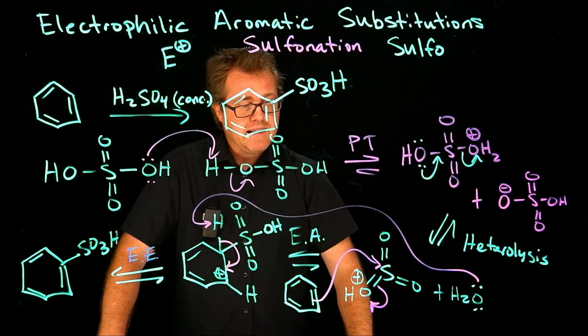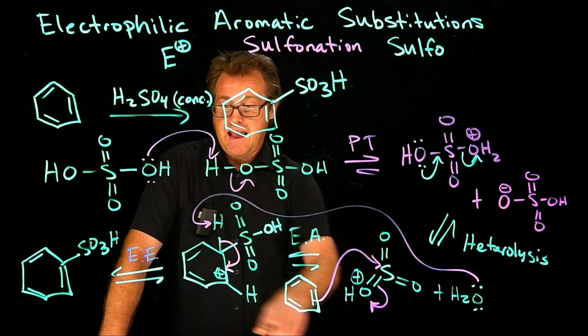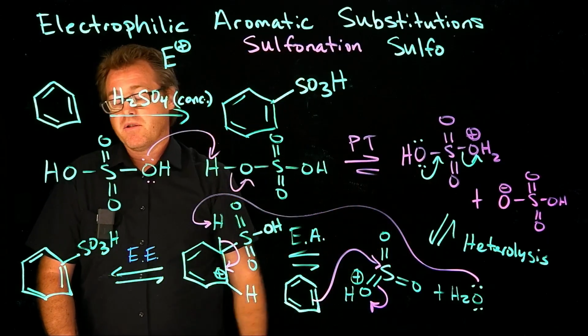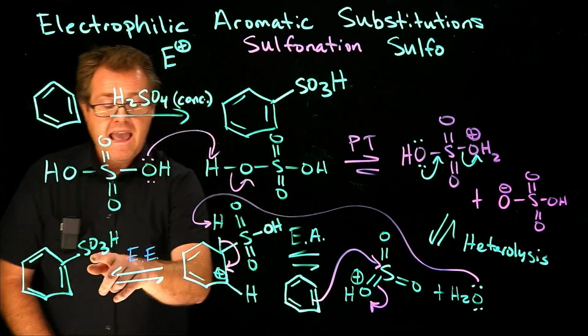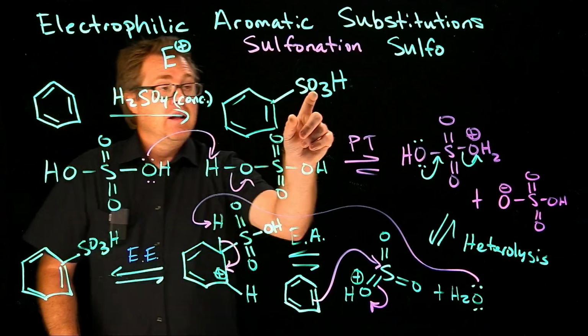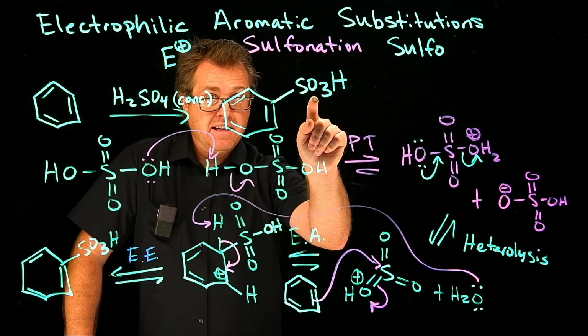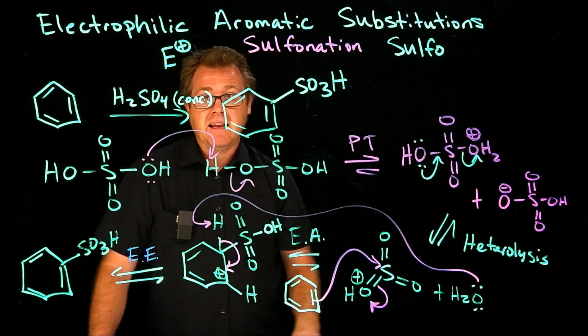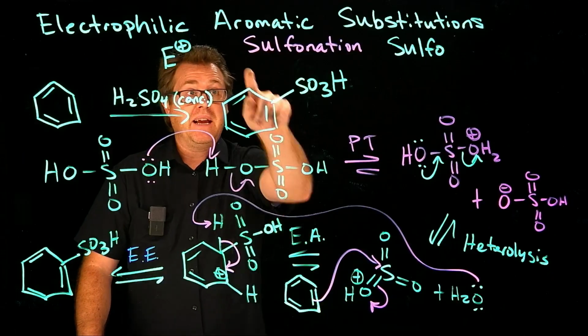Now, as you can see, every step in this mechanism is reversible. So yes, we can have the sulfo group attached, and then we can take it off if we'd like. I'll show you that in another video called desulfonation.